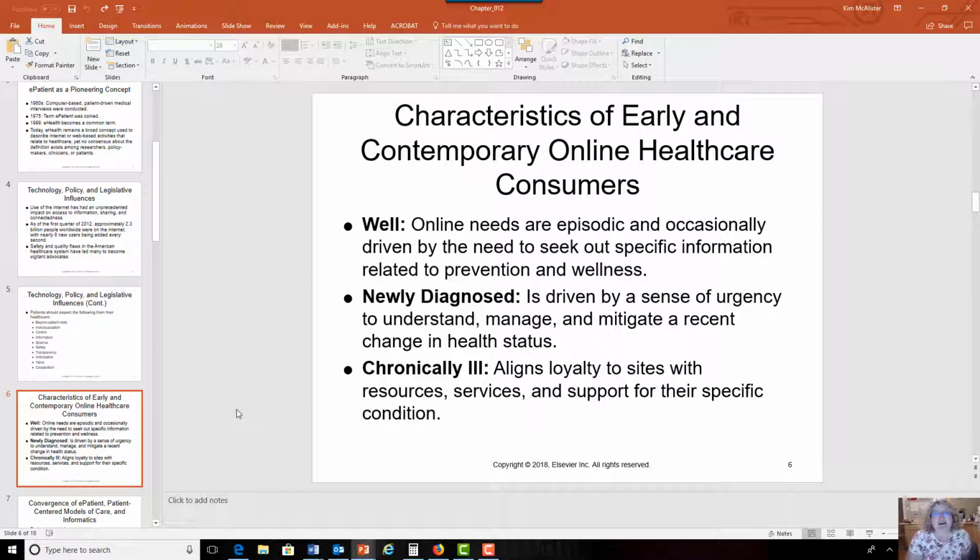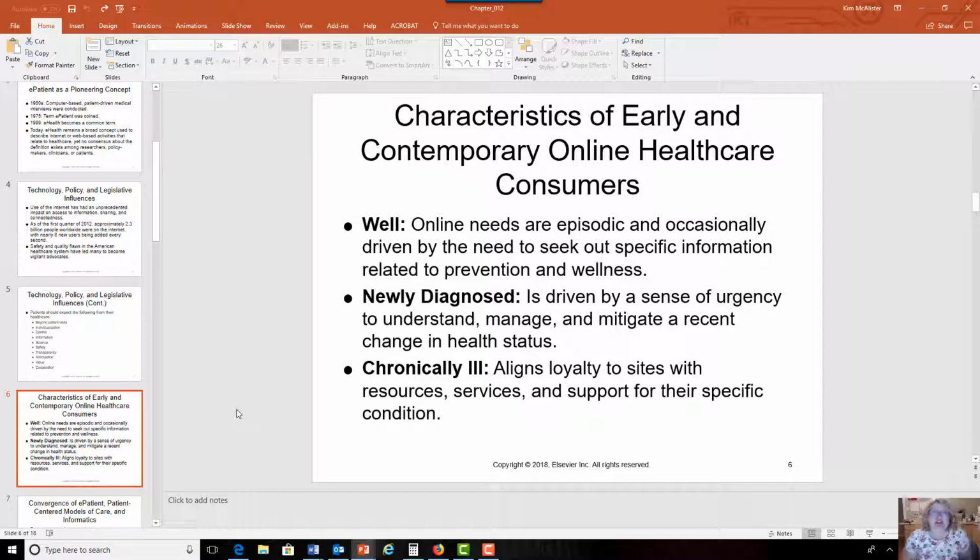The remaining 35% of the users are those who are chronically ill. And they will go to sites that are helpful to them, that provide them resources and information and give them support for their conditions. Some sites can even provide patients with samples and information. Think about your diabetes sites like the American Diabetes Association.